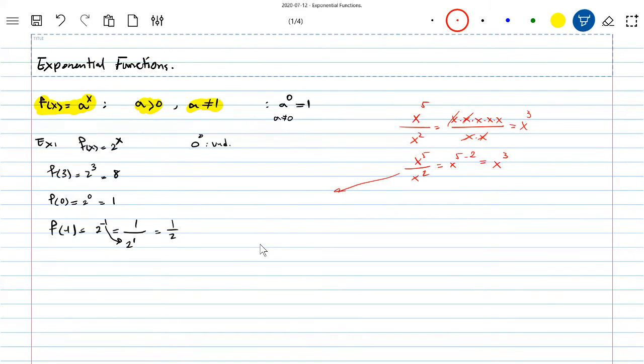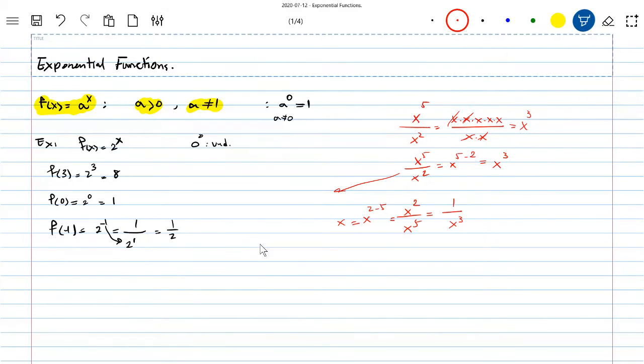How is that related to here? Think about it this way. What if it was x to the power 2 divided by x to the power 5? In one sense, you can cancel out the x's and say this is 1 over x to the power 3. What if you subtract the exponents? You say x to the power 2 minus 5.